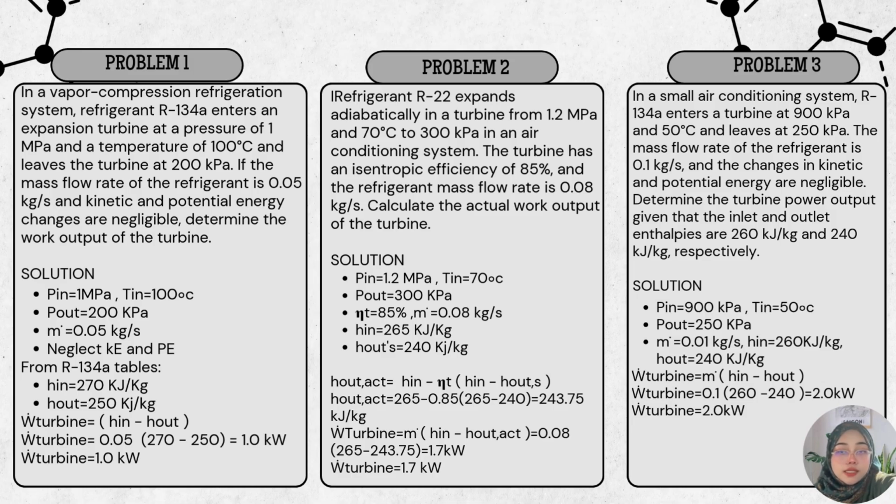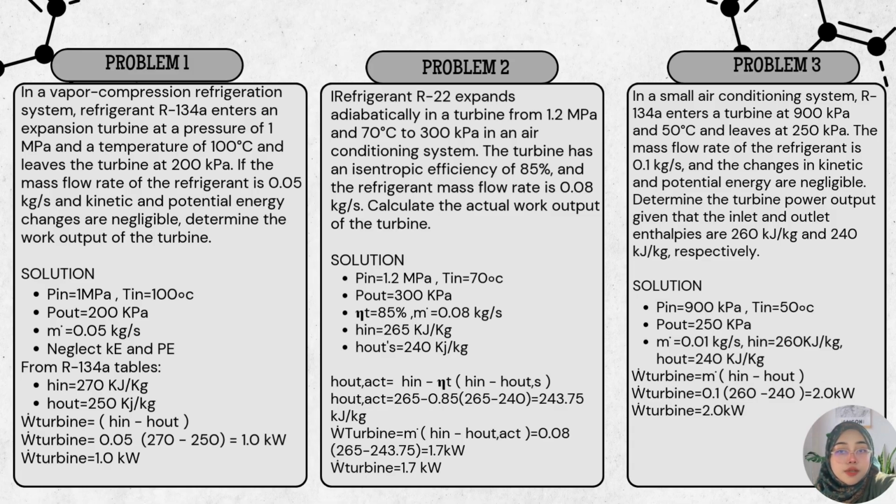For the solution, as given, P in is 1.2 megapascal, the temperature in is 70 Celsius, and P out is 300 kilopascal. For the efficiency, we have 85%, and for the m dot, 0.08 kilogram per second. h in is 265 kilojoule and h out is 240 kilojoule. For the formula, h out actual equals h in minus efficiency multiplied by h in minus h out isentropic. After calculating, we got 243.75 kilojoule.